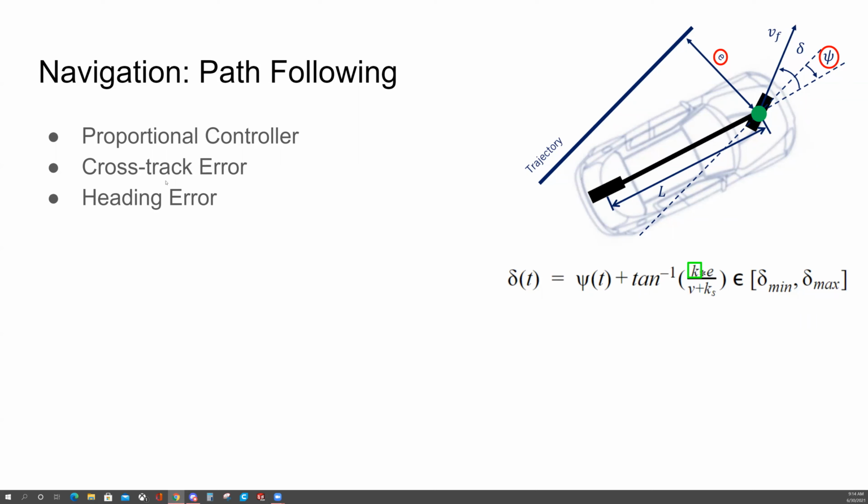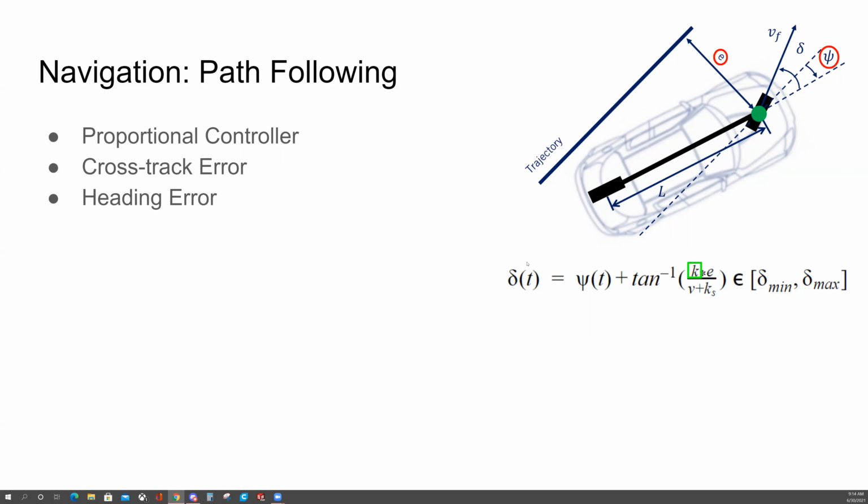The first one is the cross-track error, which is the perpendicular distance that the robot is away from the trajectory line that you want it to follow. And then also the heading error, which is the angular difference between the robot's heading angle and the path line angle.